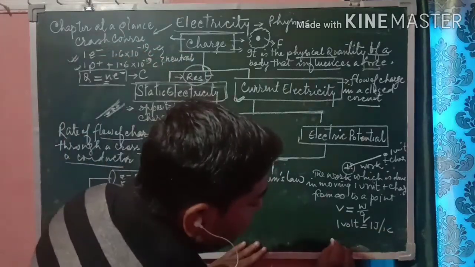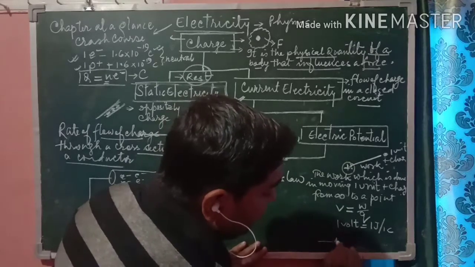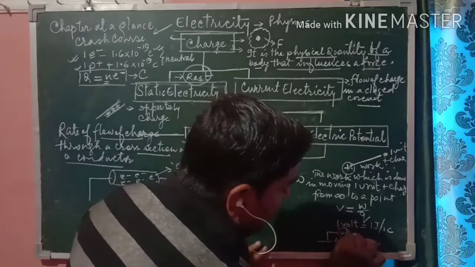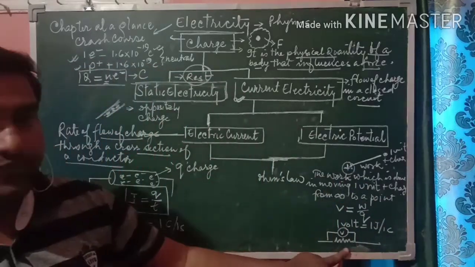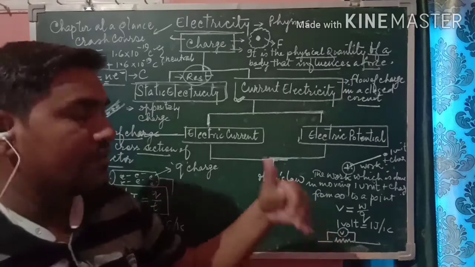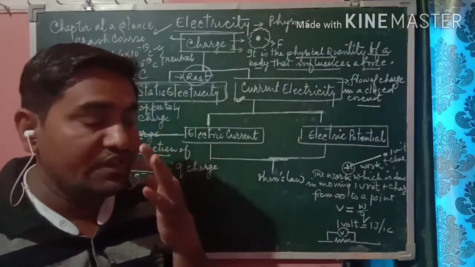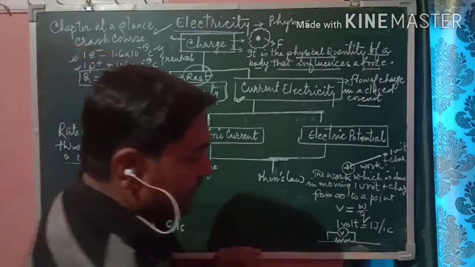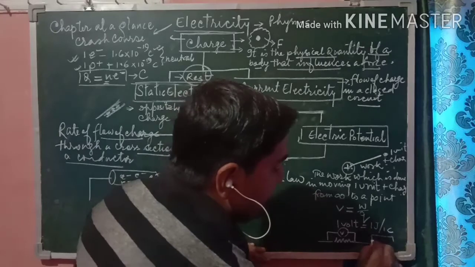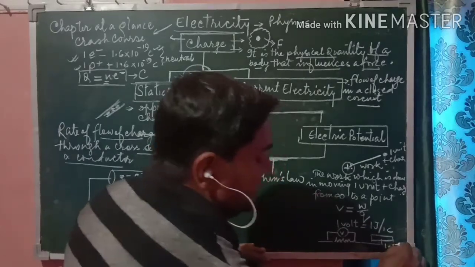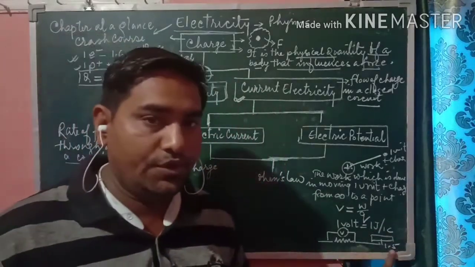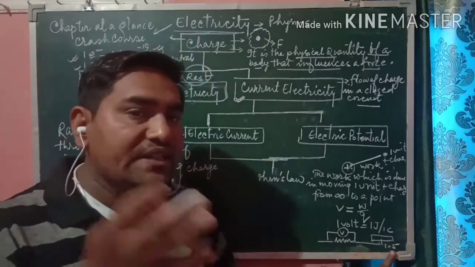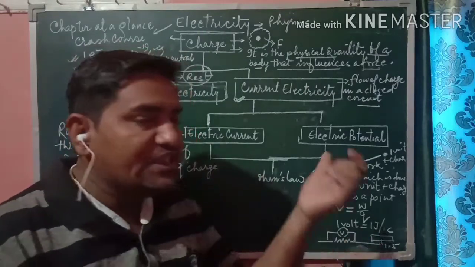It is measured by a voltmeter, and it is always connected in parallel to a circuit. So it is the voltmeter by which we measure the voltage. Okay students, if in a circuit we use a cell having a potential difference of 1.5 volt, it means that 1.5 joule of work is done in moving 1 coulomb of charge between the two given points.